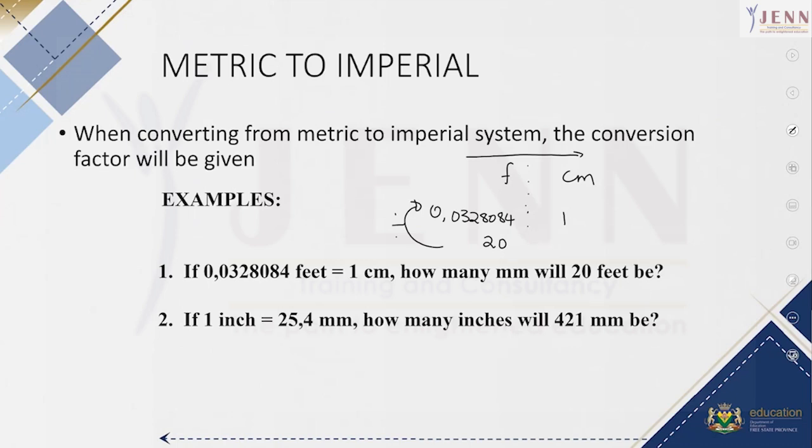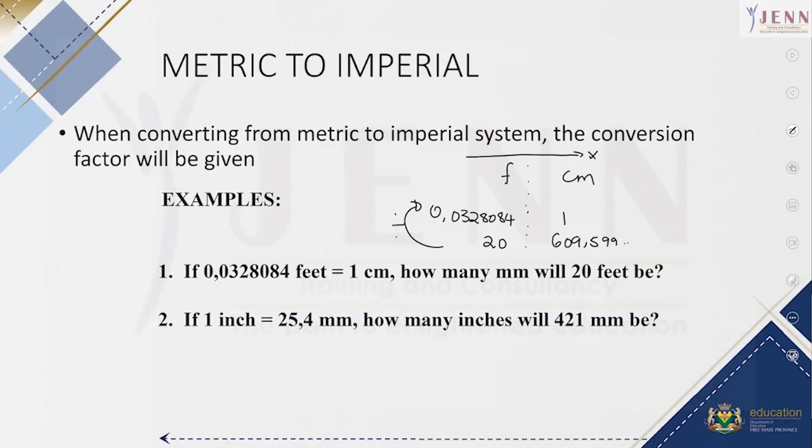Then multiply by 1, and the answer will be 609.5999. Yeah, so that's how we convert. Like I said, we will always be using the ratio method.